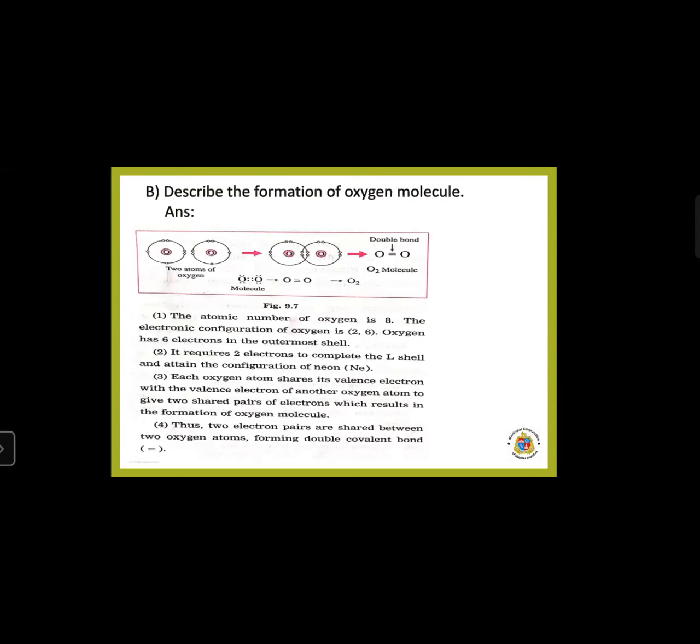Thus two electron pairs are shared between two oxygen atoms, forming a double covalent bond. So there is single bonding, and double bonding here in the O2 molecule. As it shares two electrons, there is a double bond. This is the double covalent bond.